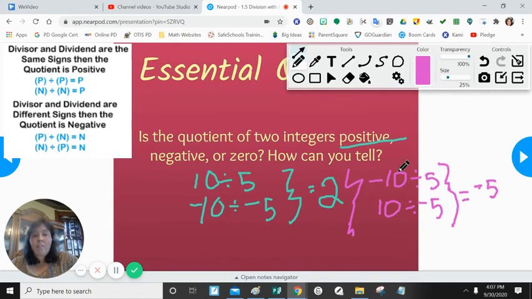So if my divisor and dividend are different signs, my quotient is negative. Okay? And remember, division is the opposite of multiplication. So our factors are the same sign, our product is positive, our factors are different signs, our product is negative. Okay?